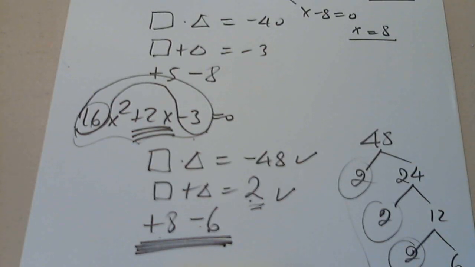What is the greatest common factor of the first 2 terms? 8x. Very good, awesome.